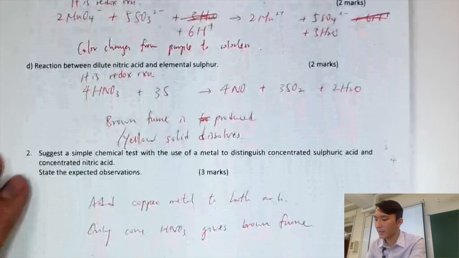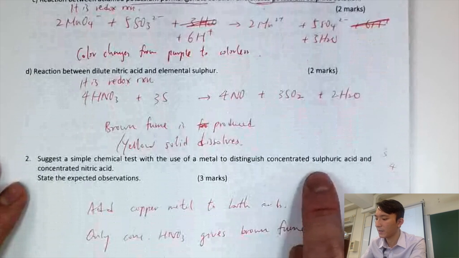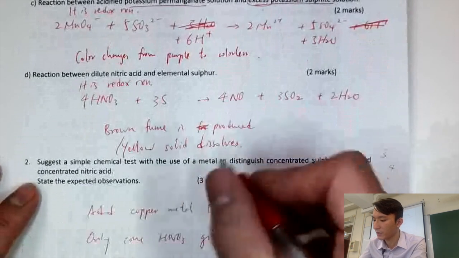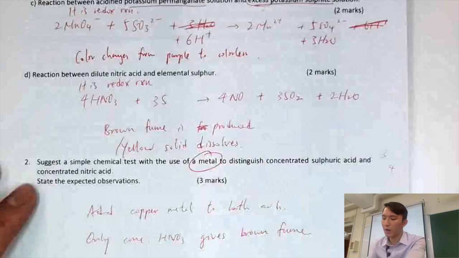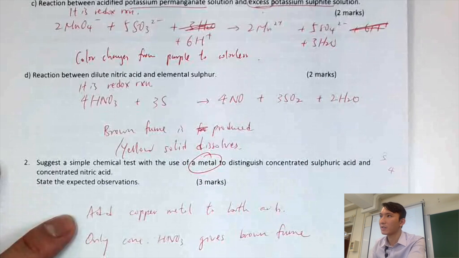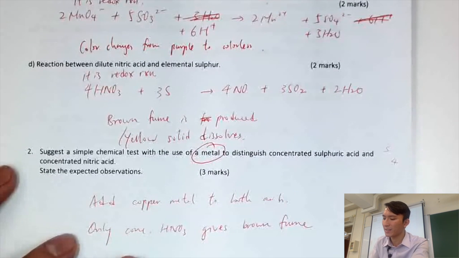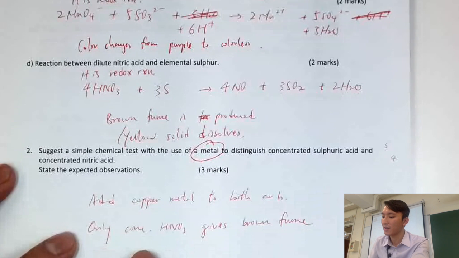Question 2 is very easy. Just to contrast, to tell the difference between conc. sulfuric acid and nitric acid using a metal. So a good choice would be copper. So you add a correct metal, that will be 1 mark, and then you tell me the observations. Now, one trick of using the observation when dealing with this question is mentioned only conc. nitric acid gives brown film.